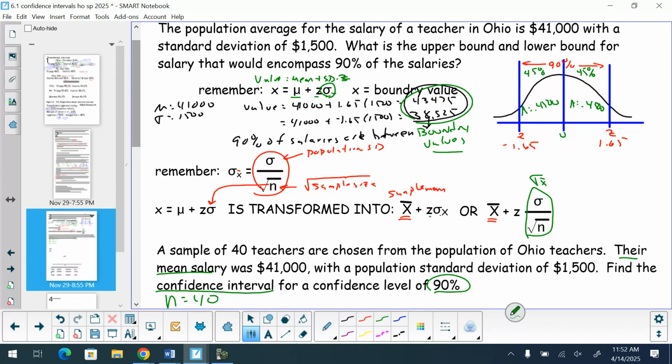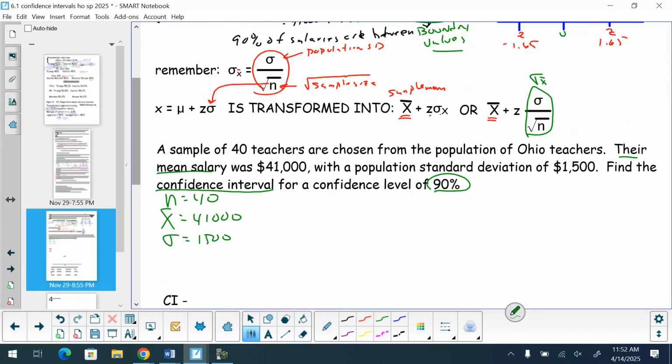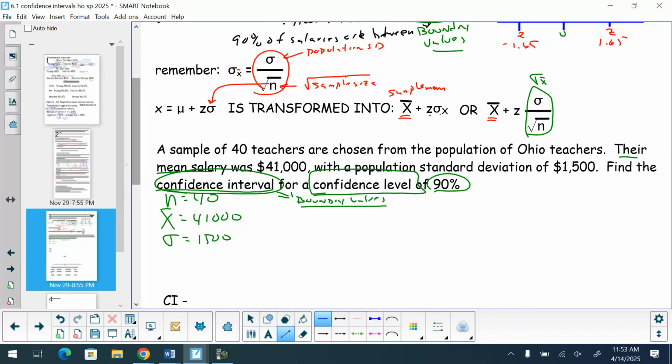When we talk about this confidence level, in this confidence interval, we're looking for boundary values. So how we can calculate these boundary values is we can still go back to our idea of a bell-shaped curve.